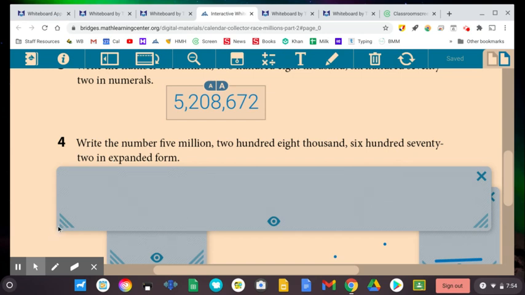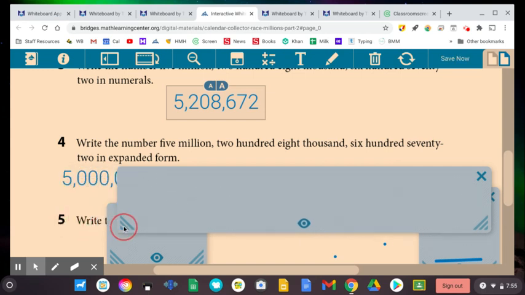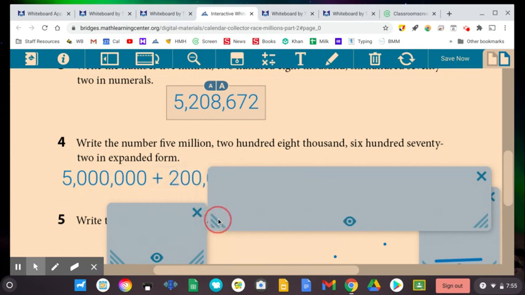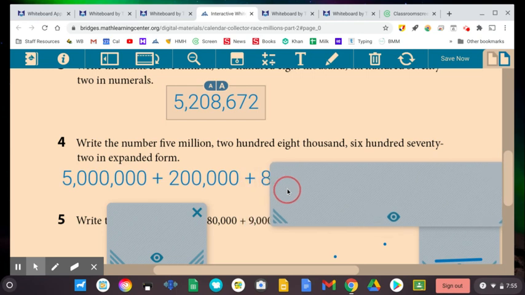Maybe you noticed how long of a shade I had put on here, but look at this. There is our 5 million. Now we're at the 200. We have to write 200,000. There's our last name, 1,000. Now we're to the next number, 8,000. So we had 200,000. Now we're at 8,000. Does your 8,000 look right? Oh dear, that's right.